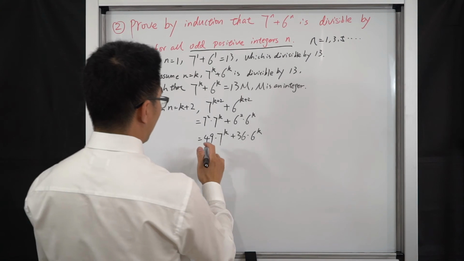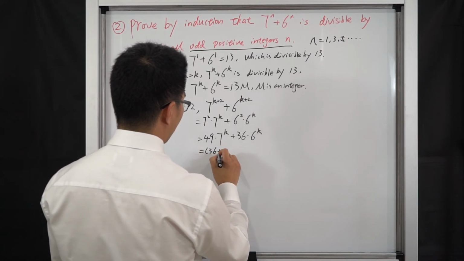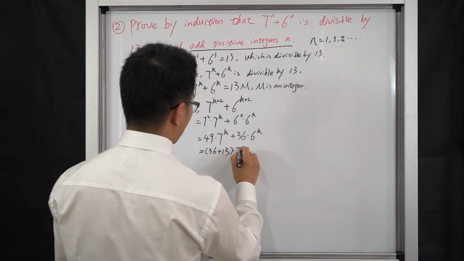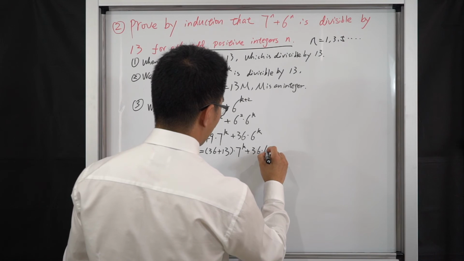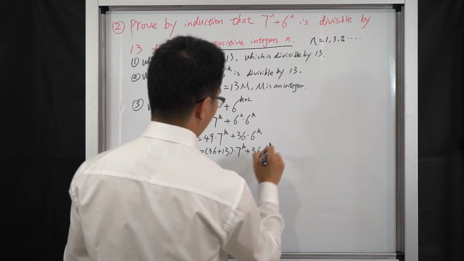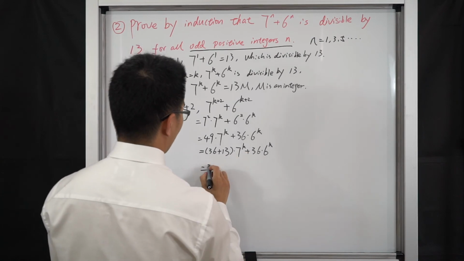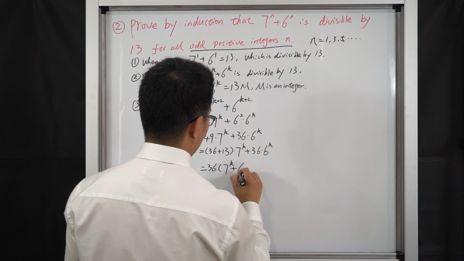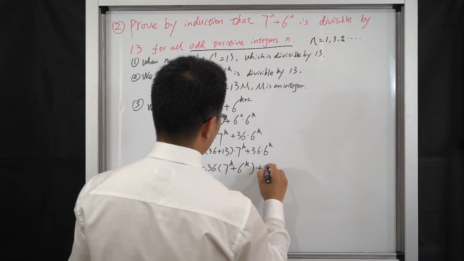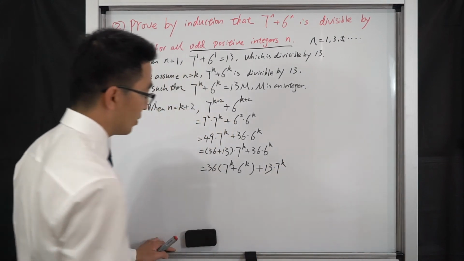Then the next step would be, we break down this 49 to 36 plus 13 times 7 to the power of k plus 36 times 6 to the power of k, equal to, then we can combine the 36. You have 36 times 7 to the power of k plus 6 to the power of k, and then we still have 13 times 7 to the power of k.